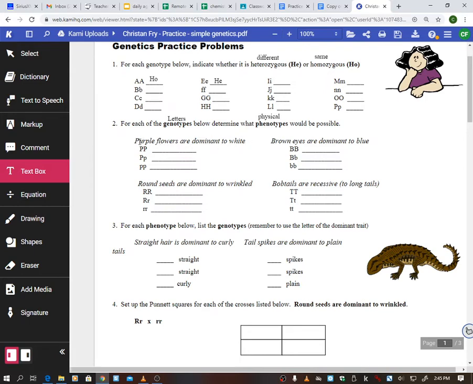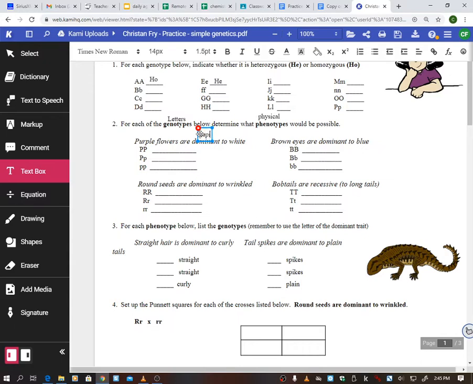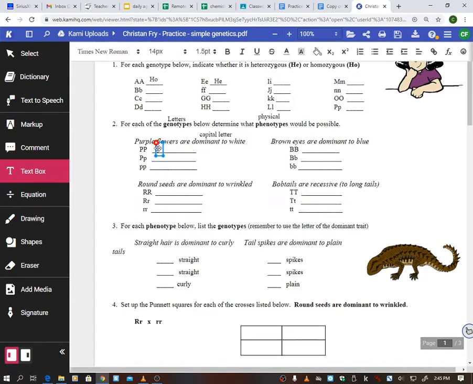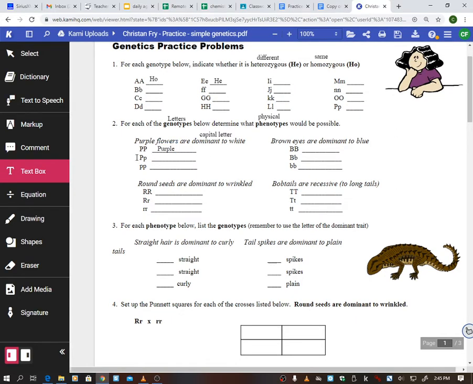And so if I look at this, it says purple flowers are dominant. So dominant is a capital letter. And if that capital letter is there, it is that color, they're dominant. So if I have two capital P's, if I have a capital P at all, it is going to be purple.